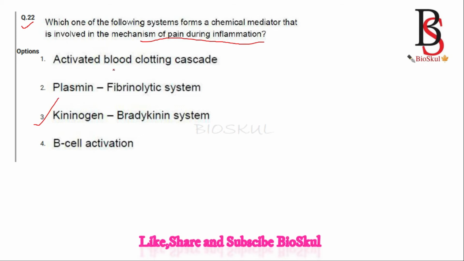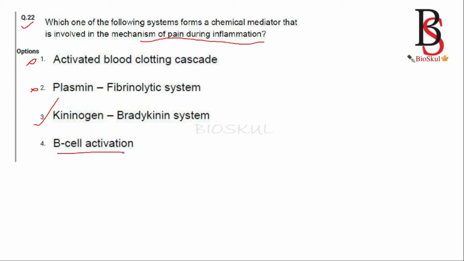If you don't know the answer, then if you analyze all the options, you can also find the correct answer. Option 1, activated blood clotting cascade, is not related to inflammation. Plasmin fibrinolytic system, this is also not. B cell activation, these are also not related. The correct answer is option 3.